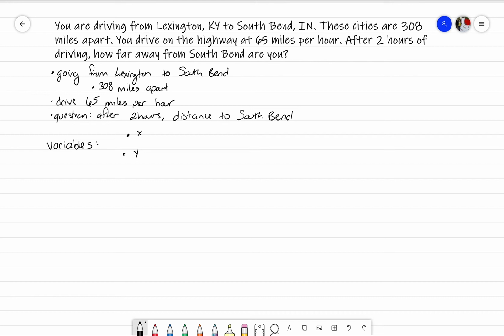And in this case, we do have time. We have hours. So x is going to be hours, our time. Then y is whatever we haven't already covered. So y is going to be miles, the other thing that we are measuring, or distance.